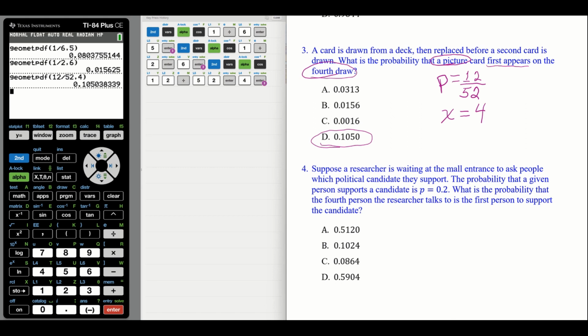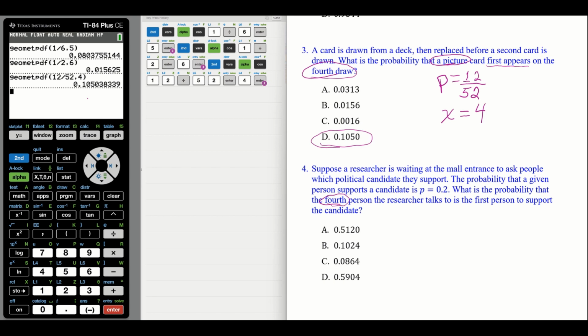With no rounding. Number 4, suppose a researcher is waiting at the mall entrance to ask people which political candidate they support. The probability that a given person supports a candidate is 0.2 or 20%. What is the probability that the 4th person the researcher talks to is the first person to support the candidate?